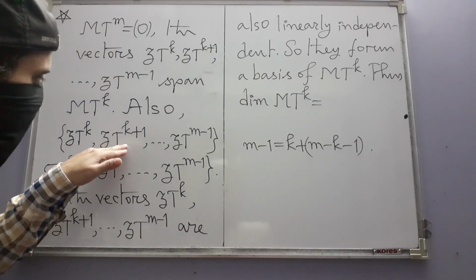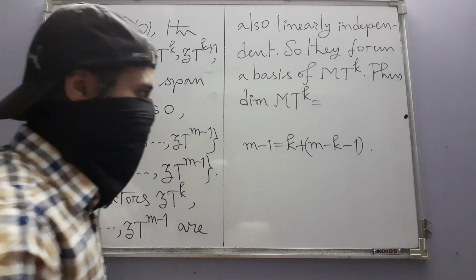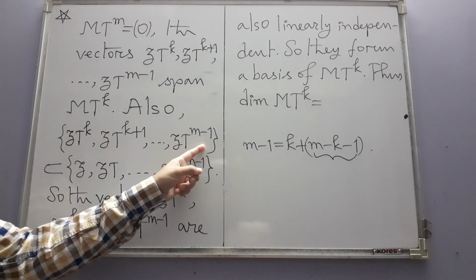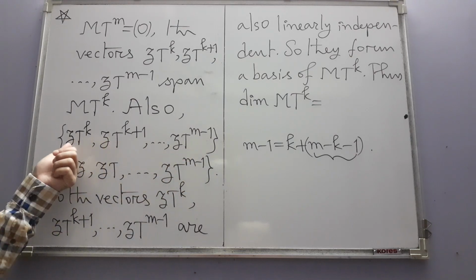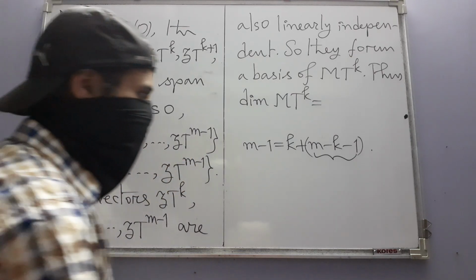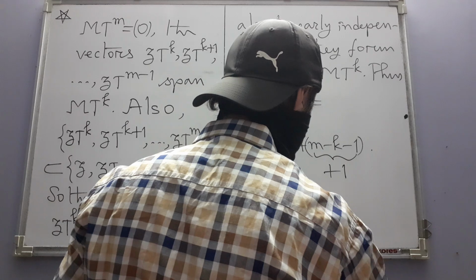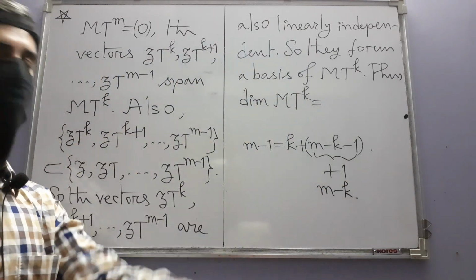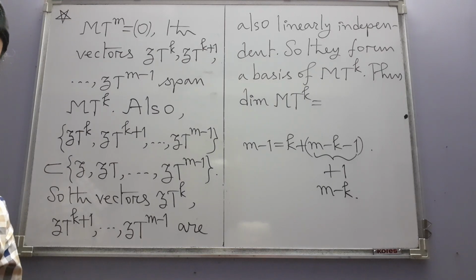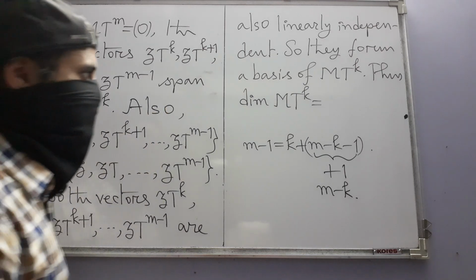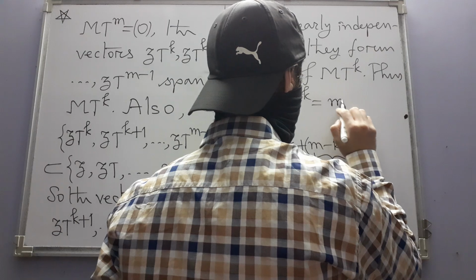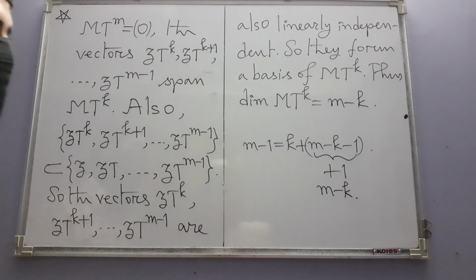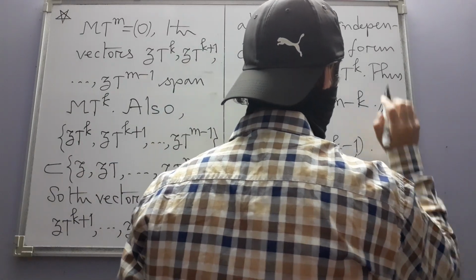That's why starting from this second element, we have this many elements till we reach this element. But now if you add the first one also, then to this you add 1 as well, and that way you get, in total there are m minus k elements in this basis for M t to the power k, and that's how the dimension of M t to the power k is m minus k. Okay, so that completes the proof of this lemma.